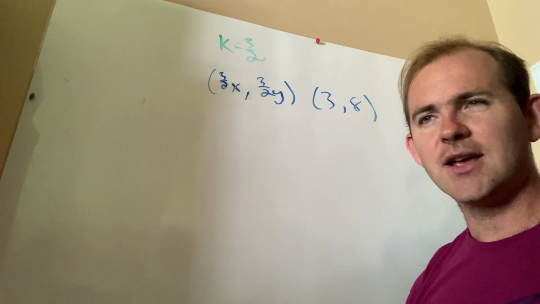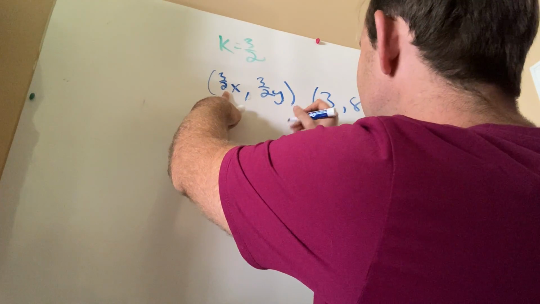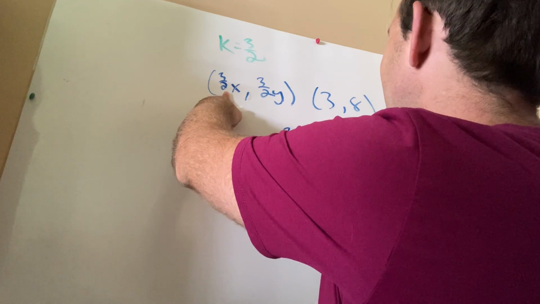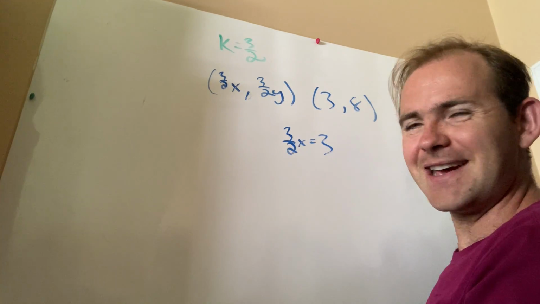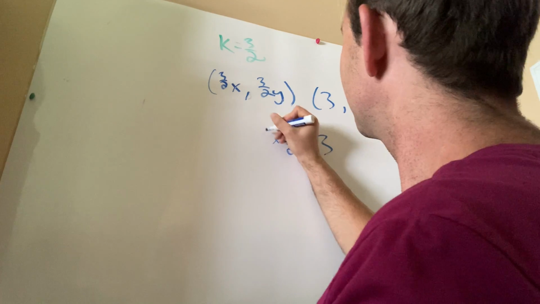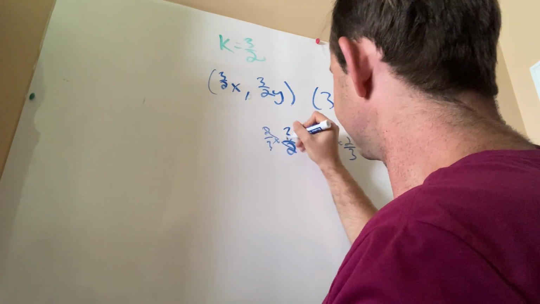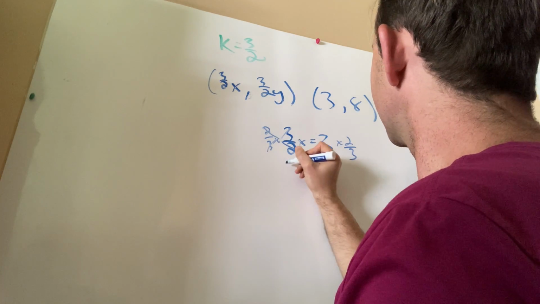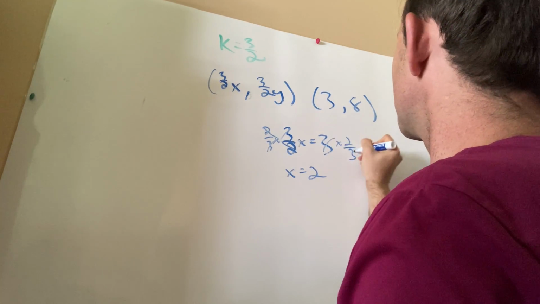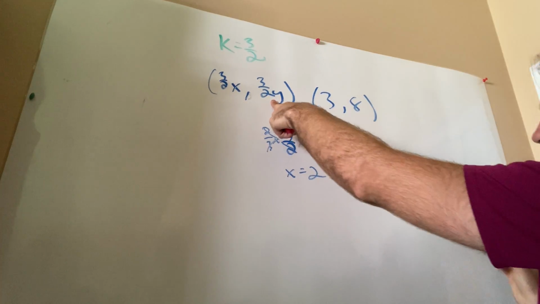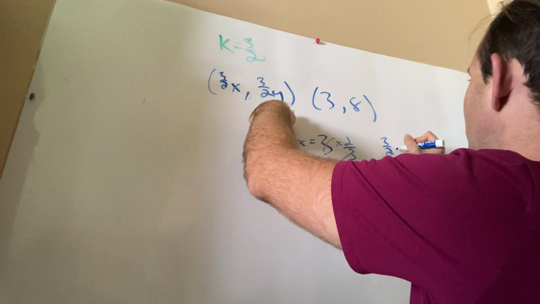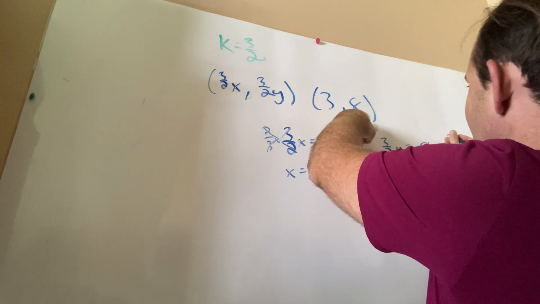Well, if I know that 3 halves x equals 3, all I have to do is set up an equation. And to get rid of a multiplied fraction, I multiply by the reciprocal, right? And I get over here, x equals 2. By contrast, over here, I would write 3 halves y equals 8.